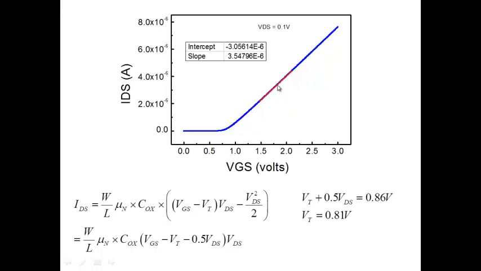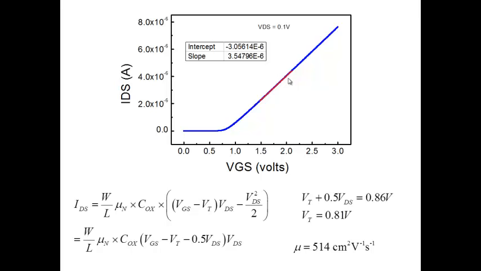Now, the other thing is the slope. The slope is going to give us W by L, mu Cox, and VDS, right? Now note that W by L is known, C oxide is known, oxide thickness is known, VDS we have applied as 100 millivolt, and therefore what do you end up getting? The mobility. So that's a way of measuring the mobility of carriers in the channel. So two very important parameters, threshold voltage and mobility, you can get by this very simple plot, IDS versus VGS in the linear region, and from the slope.